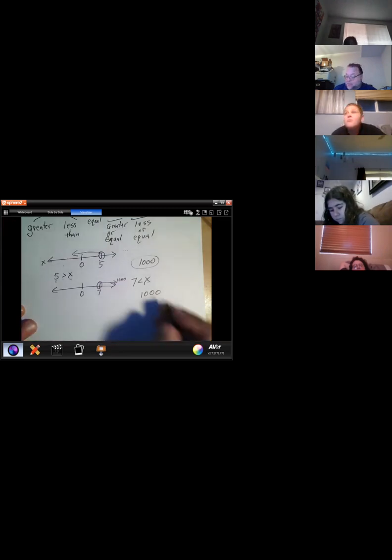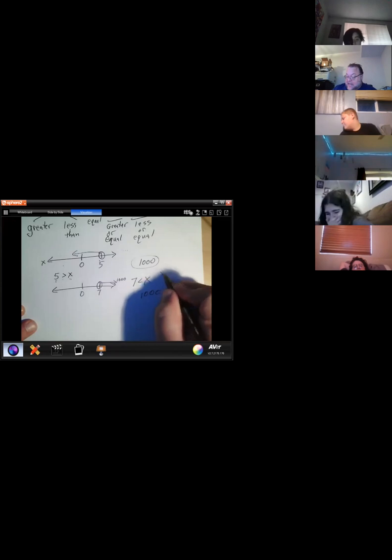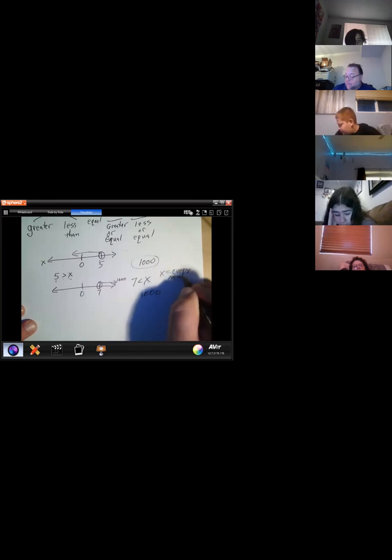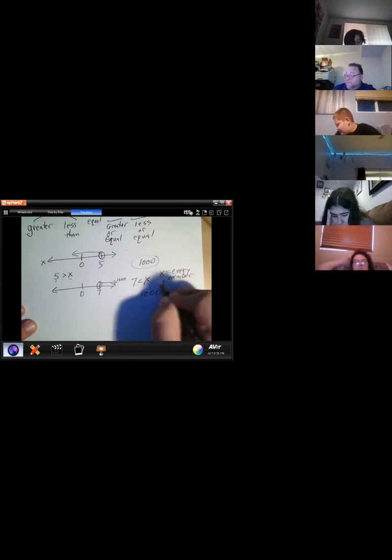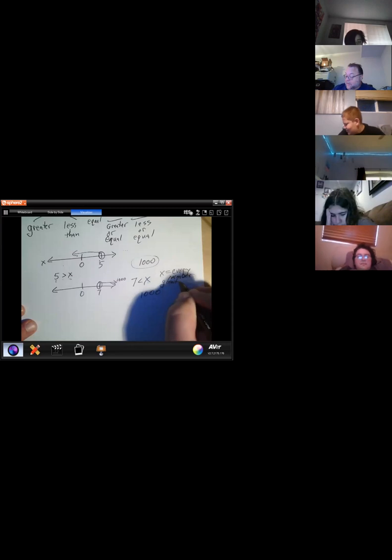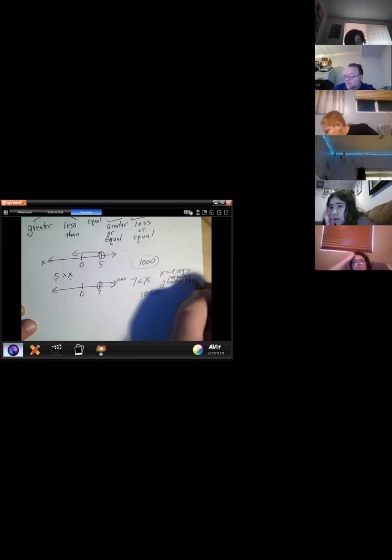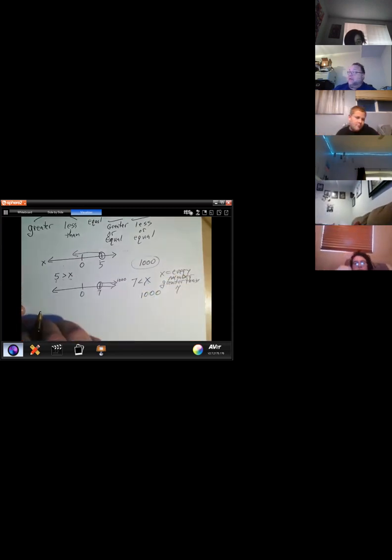Okay? Because what this says is that x equals every number greater than 7, right? So if x is every number greater than 7, 6 wouldn't work, 5 wouldn't work, that's smaller. So it's going to be all the numbers on the right-hand side of 7 is going to be what our value for x is, okay?